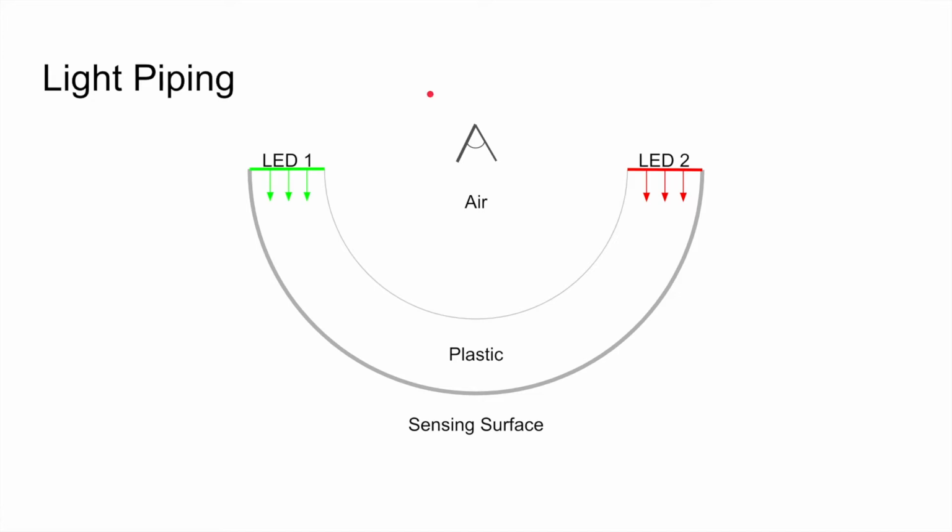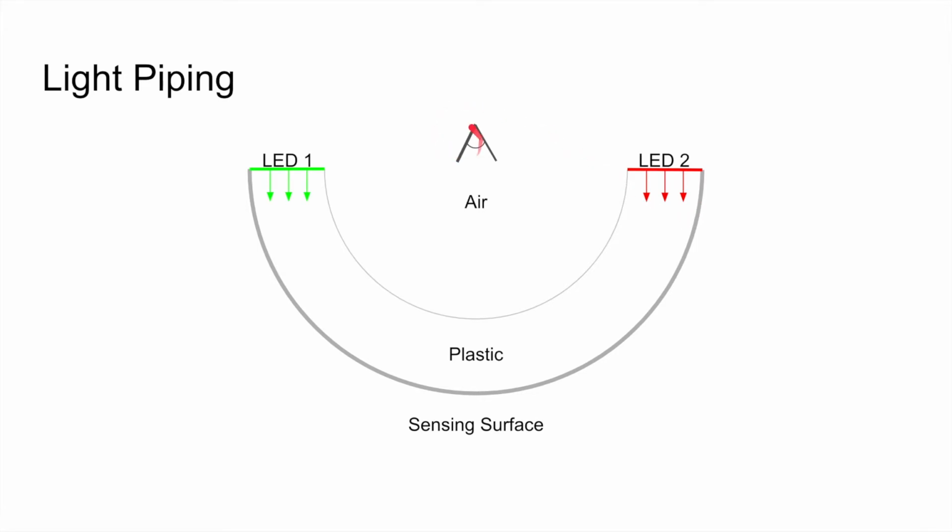So this is the basic setup of the sensor. We have a hollow cavity here, with air, and this white area that's outlined is a clear plastic shell, and on that plastic shell is the sensing surface with the silicone and the painted surface with the silver dollar aluminum pigment.